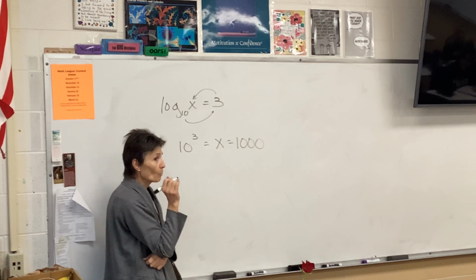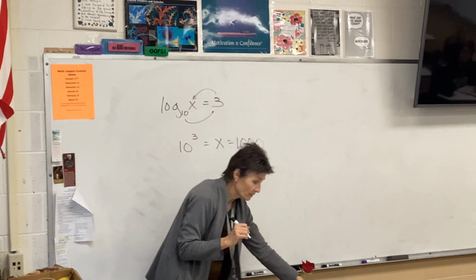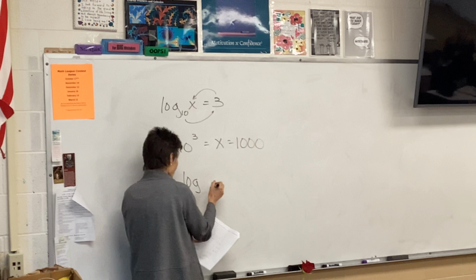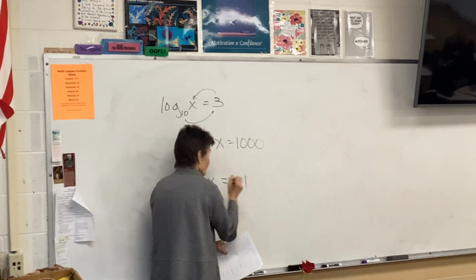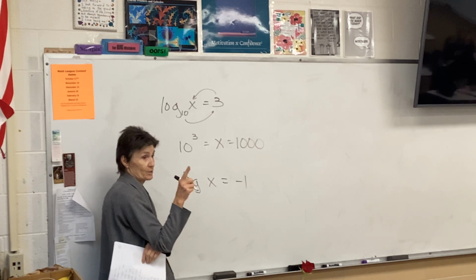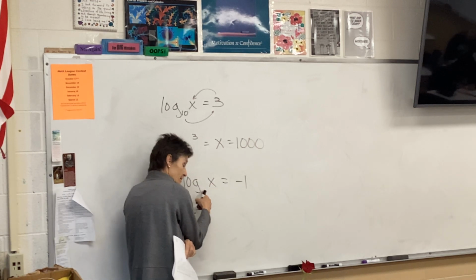Remember, you can log roll any logarithmic expression if you want. I think it makes these a lot easier. How about B? Log X equals -1. So what should I do first? Remember, this is a 10.